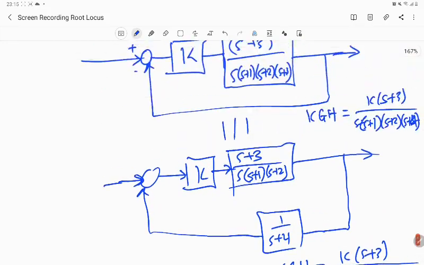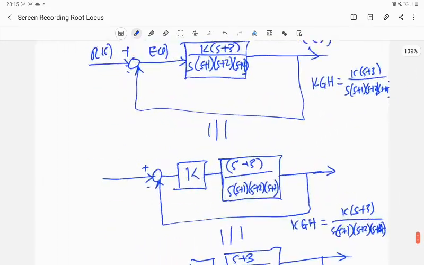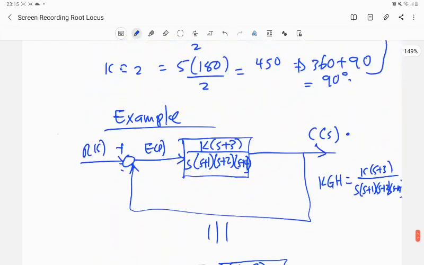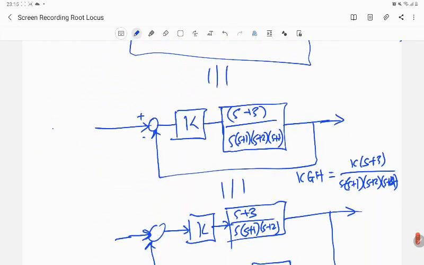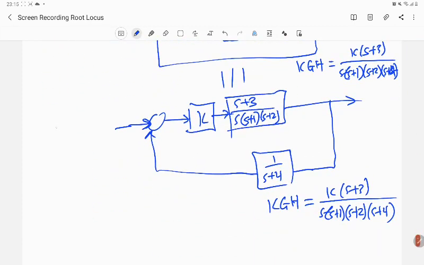So comparing, in terms of root locus, you will see that the root locus for system 1 is going to be the same as the root locus for system 2, the same as the root locus for system 3.